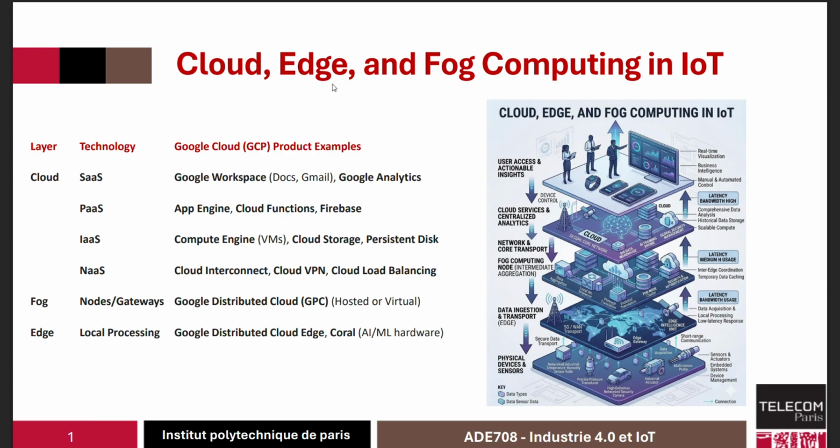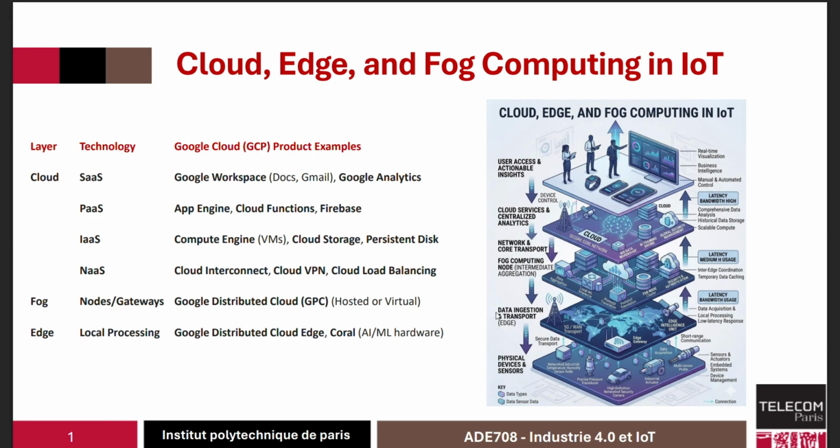So Edge is the local processing. In every hardware or every physical resource, we have a small brain that collects data, analyzes it, and takes action locally. We don't transmit data via the network to the cloud. We just do a quick behavior in local processing.